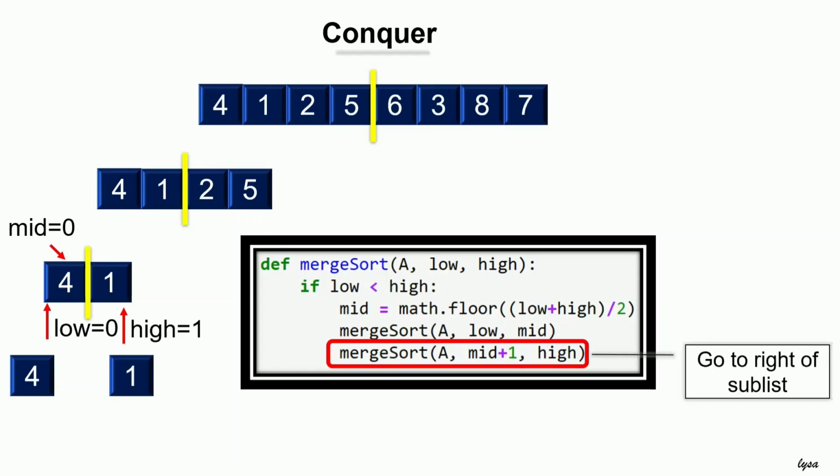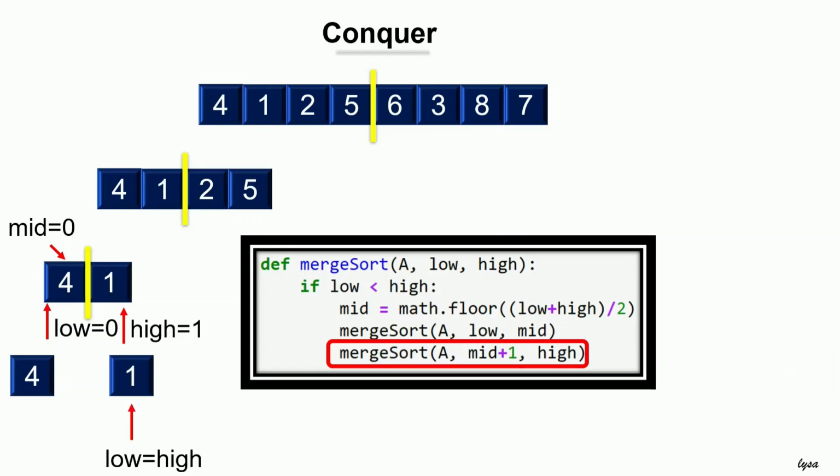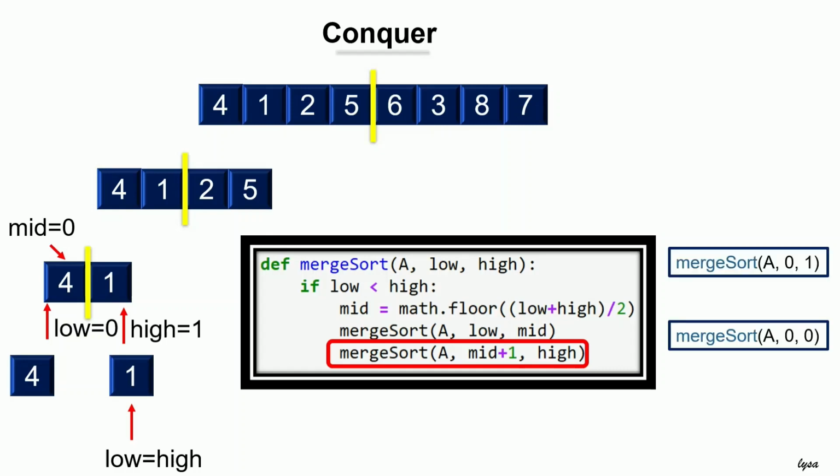Here, the values of low and high are 1. Merge sort on 0, 1 calls merge sort on 0, 0, falls into the base case, returns to the parent, and at the parent, it calls mid plus 1, high, which is nothing but 0 plus 1, which is 1, 1.